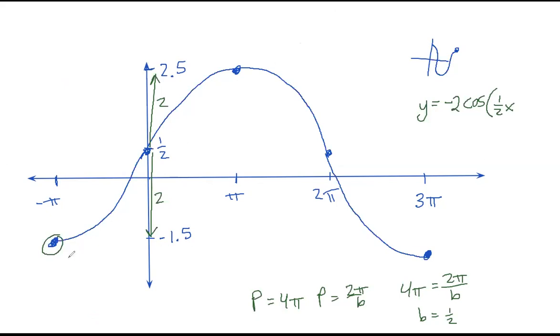We'll do x equals negative pi. 1/2 x equals negative pi over 2, 1/2 x plus pi over 2 equals 0. So that's going to be our inner term there.